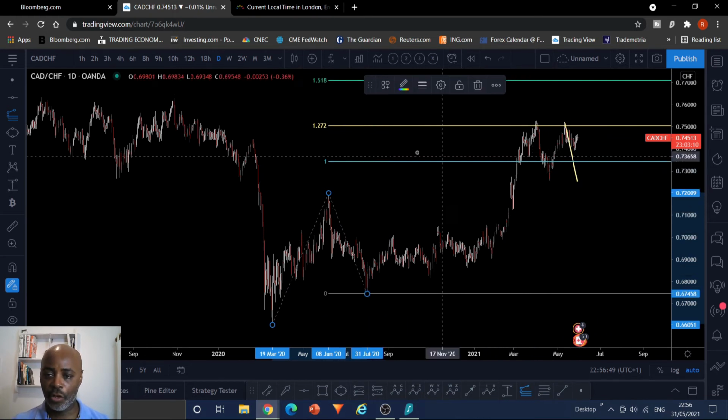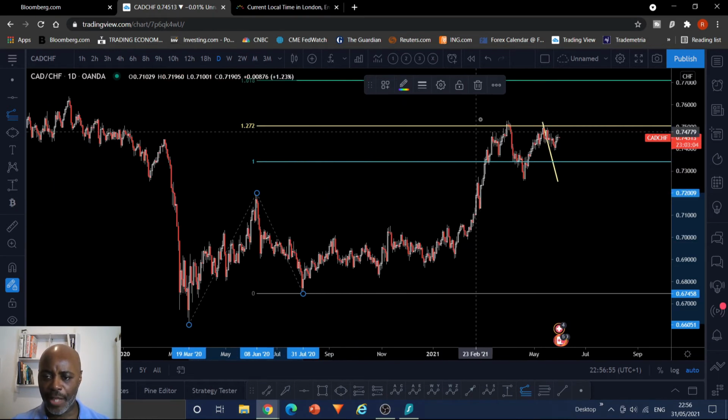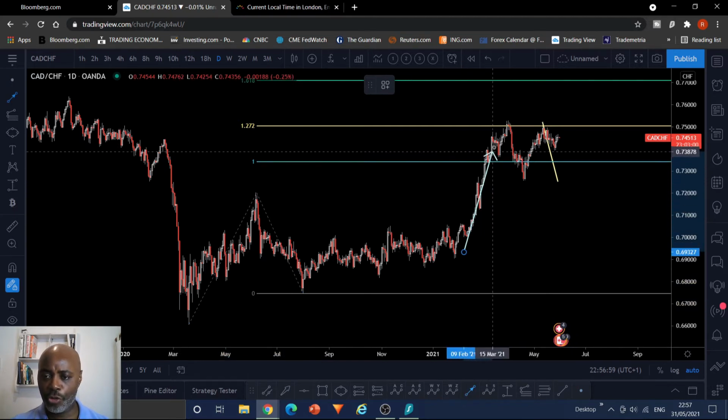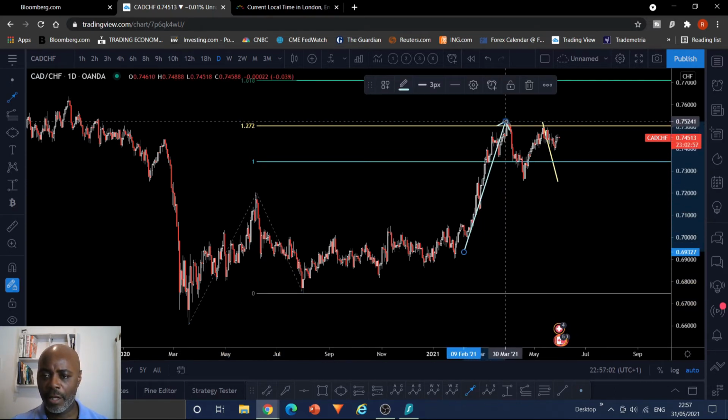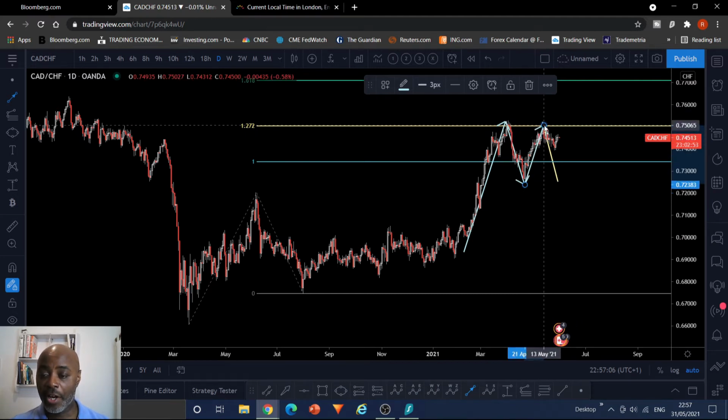And look at that. Look at where that 127 fib extension comes to. And look at exactly what happens at that level. Price has pushed up into that level, pushed back down, pushed back up. And I'm hoping that price is going to push back down again.